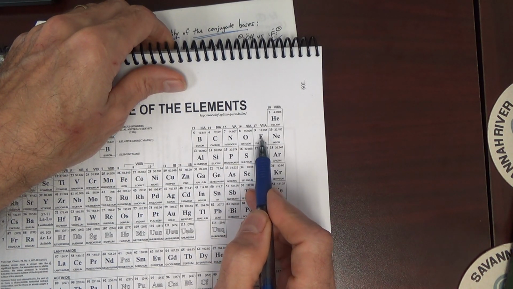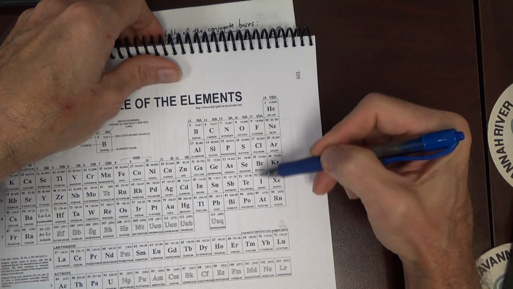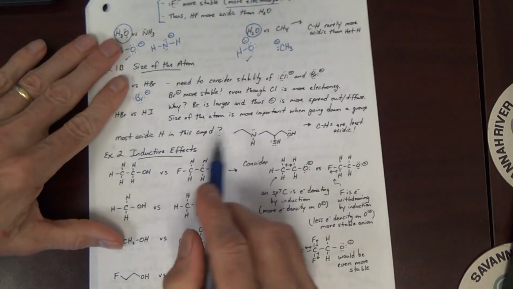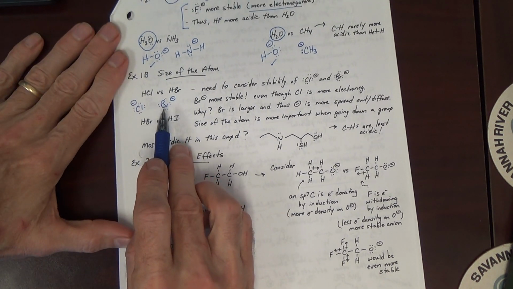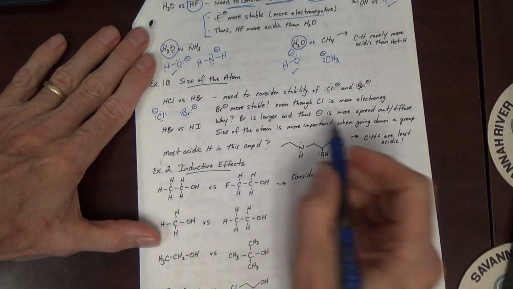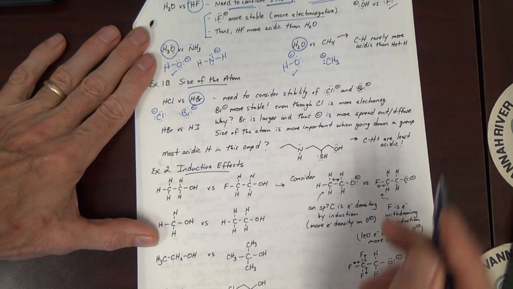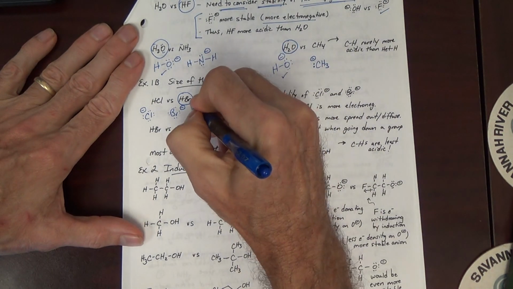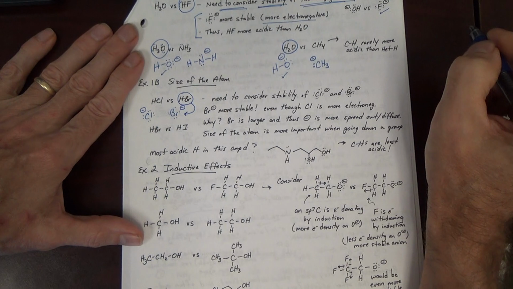F is more electronegative. When you're going straight up and down in a group, the increase in size or the difference in size is a more important factor than electronegativity. And so Br minus is more stable. Thus HBr is more willing to act as an acid and to become the conjugate base.